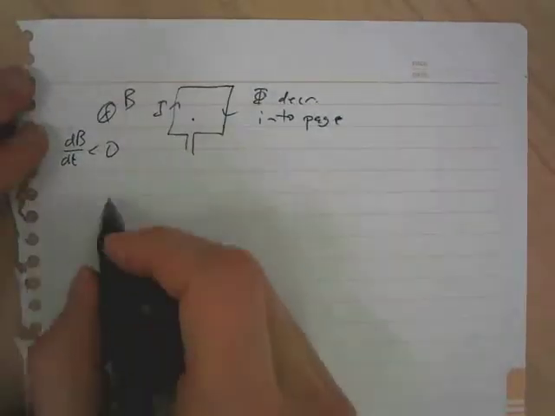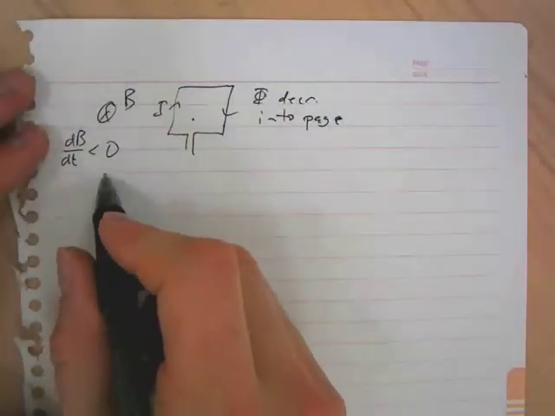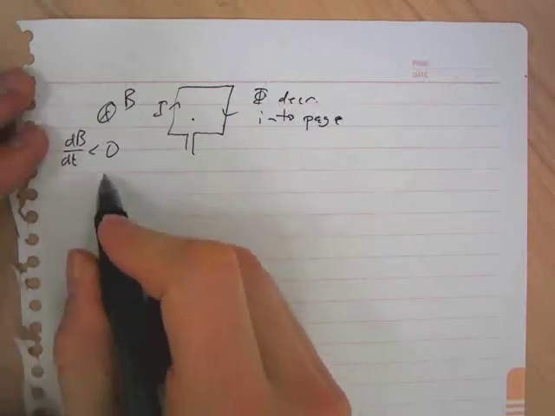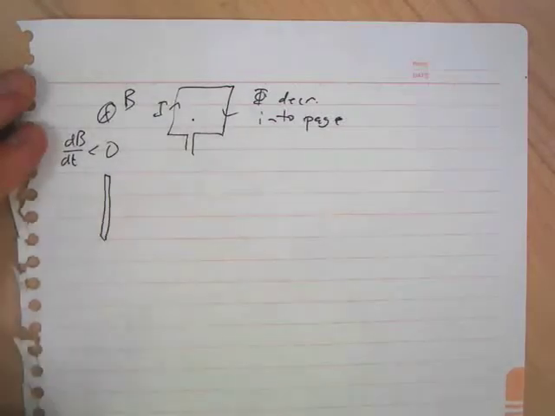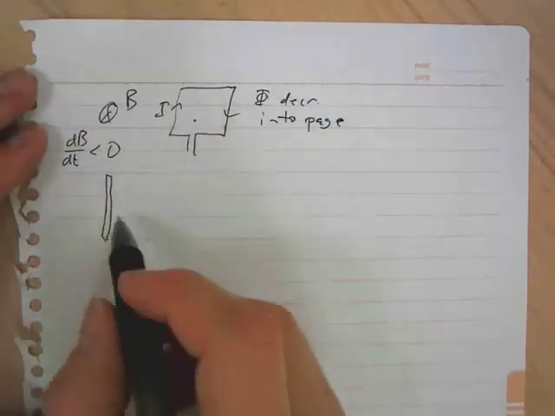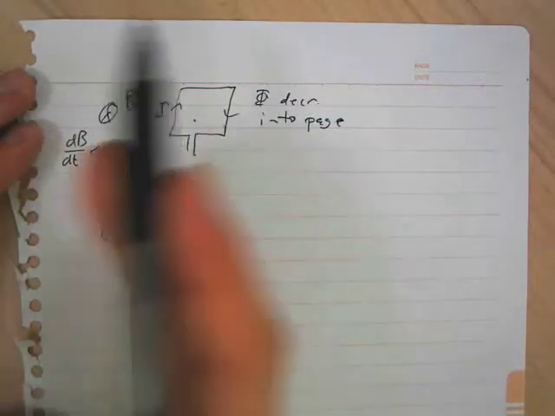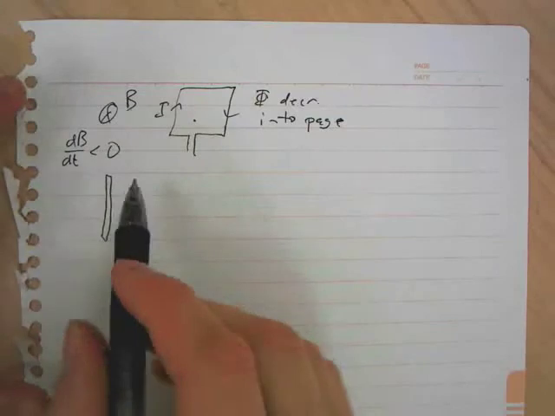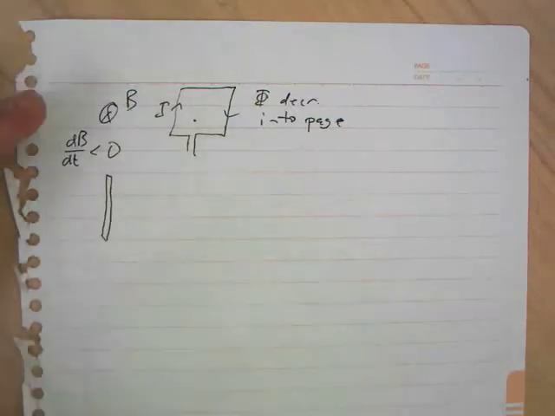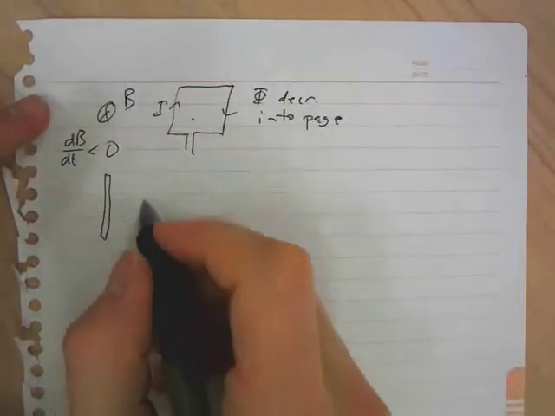Okay. Let's say we have a loop, and I'm going to pretend that this loop is oriented left-right. If we're looking at it straight end on, then it would just be a line, but we're not, so hopefully that isn't too bad.